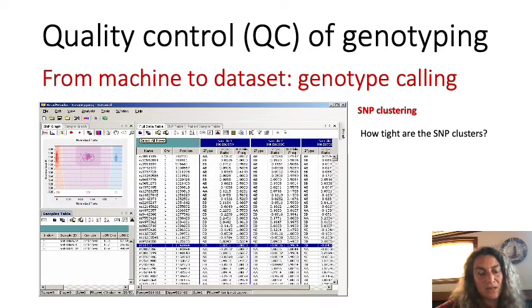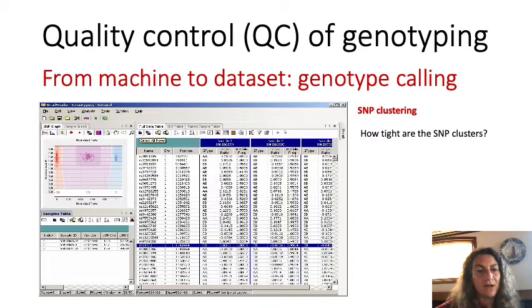Here on the left of this figure, you see a clear intensity clustering of a SNP in the population. The common variant is depicted in red on the left. There are some heterozygotes in the middle, depicted in purple, and the homozygous people for the less common allele are depicted in blue.